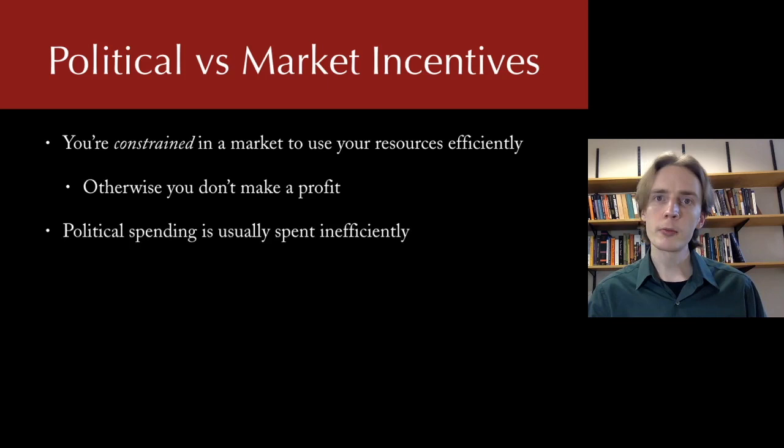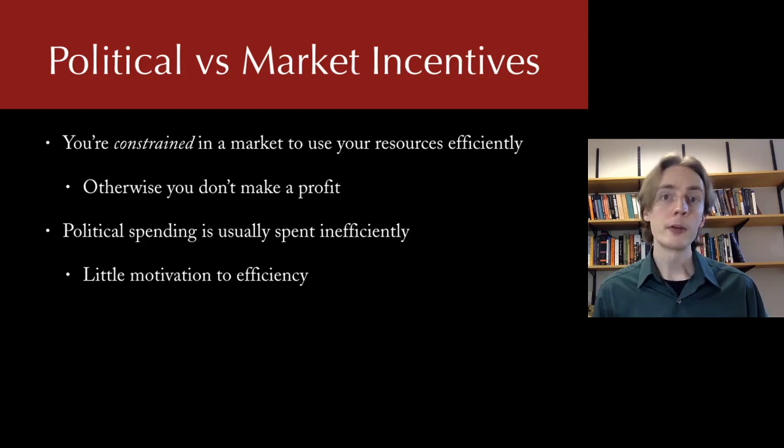That profit signal doesn't exist in fiscal policy, in political spending. Right? Congress doesn't make a profit or a loss, right? Because Congress can tax, Congress can borrow. And so there's very little motivation to spend those resources in ways that satisfy more urgent wants before they satisfy less urgent wants. Right?